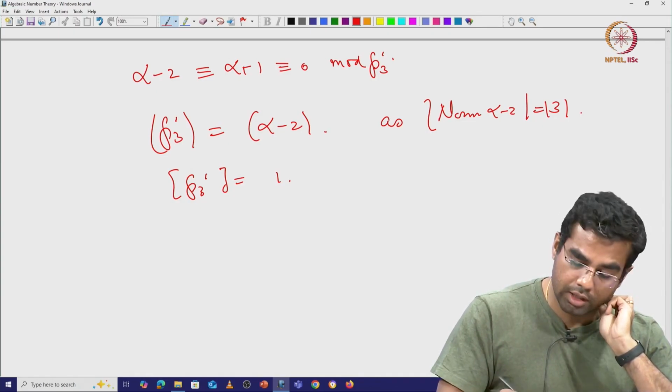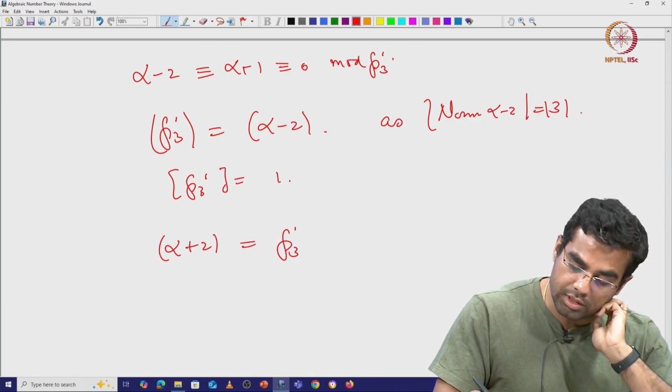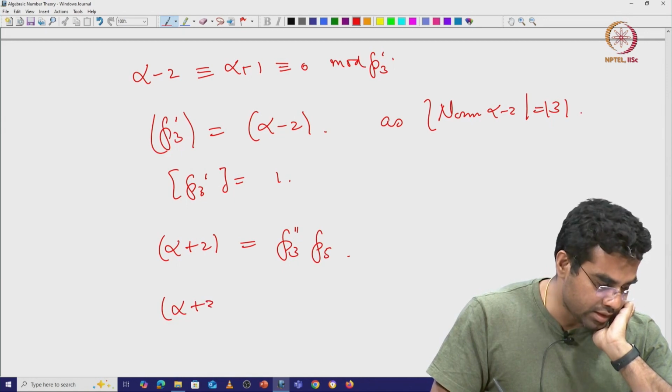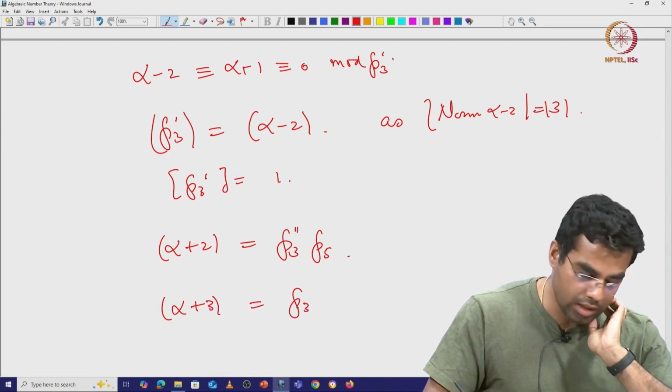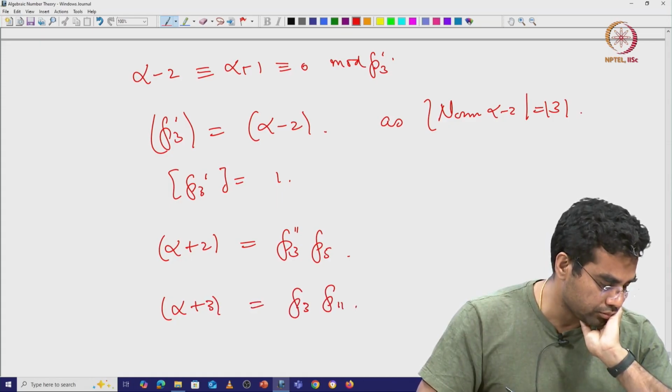And if you look at what alpha plus 2 is, then this turns out to be P3 double prime times P5, and alpha plus 3, this turns out to be P3 times P11, okay.